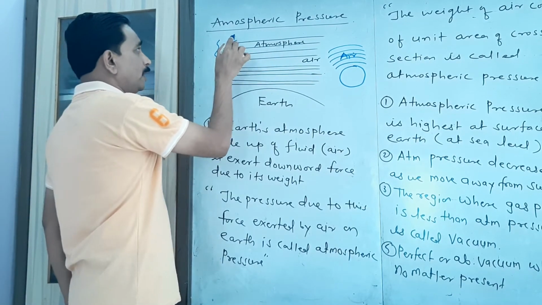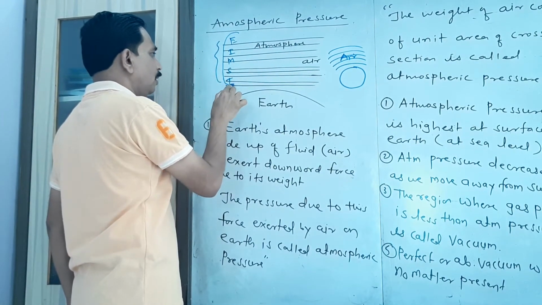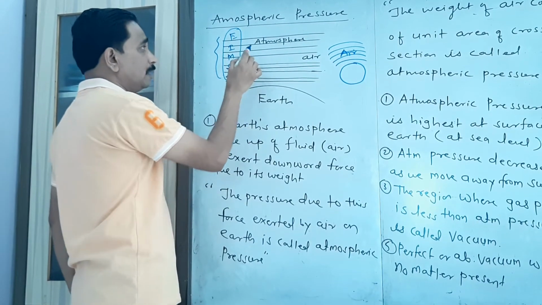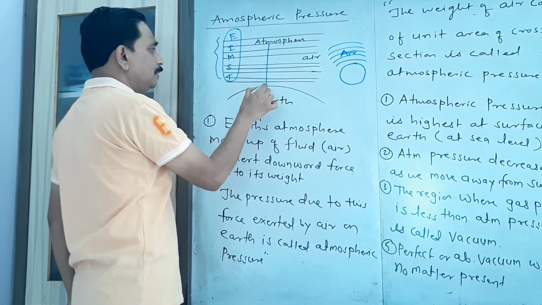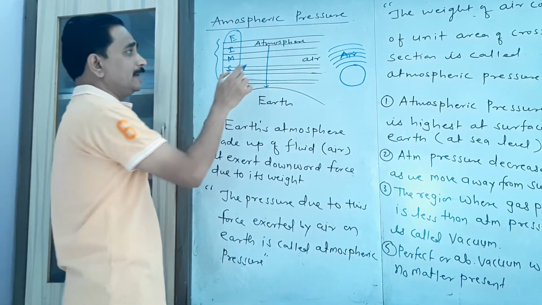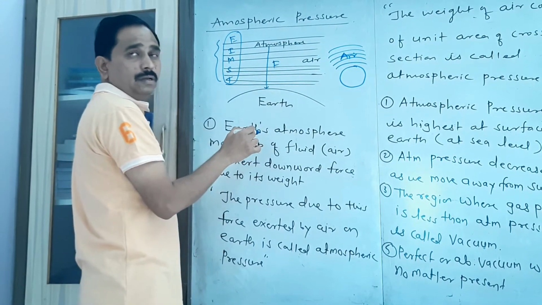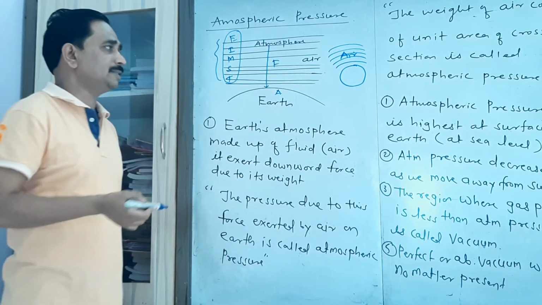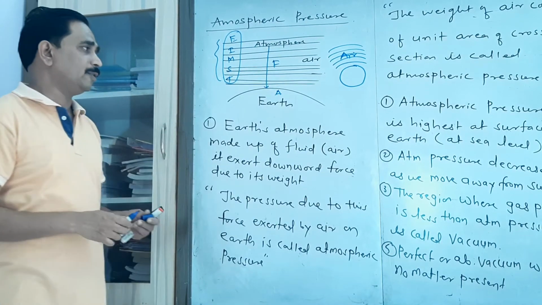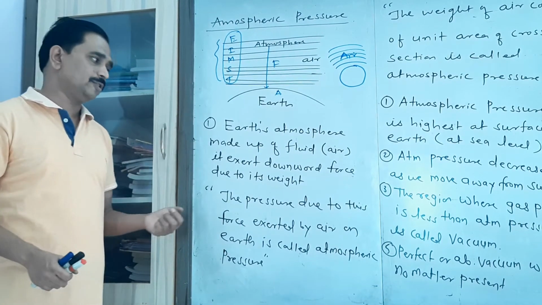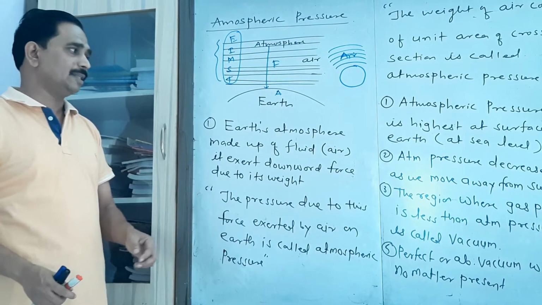Whatever the different layers of the atmosphere present around the earth, they exert a force on the earth's surface, and when we consider that force acting on a particular area of the earth's surface, that gives us the atmospheric pressure.